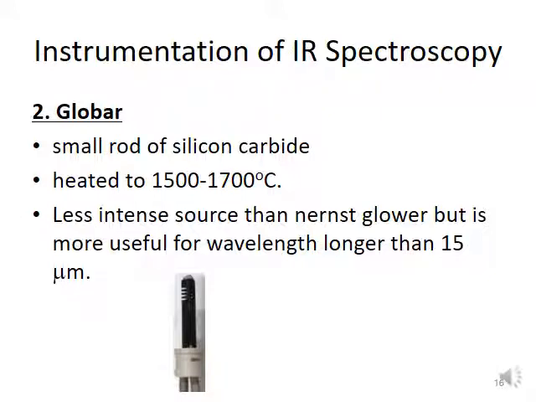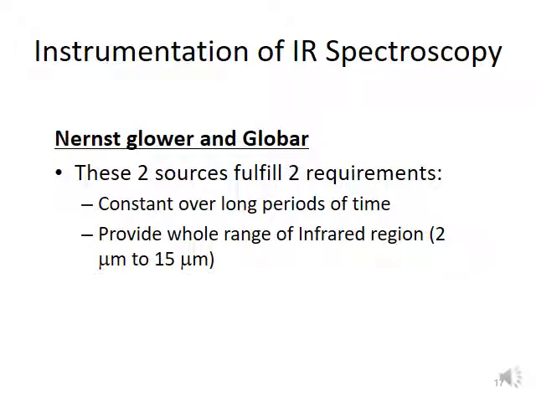Next is the Globar. The Globar is a small rod of silicon carbide. The way it is made as a source of light is the same, only the rod is different. It can be heated up to 1500 until 1700 degrees Celsius, and this is a less intense source than the Nernst glower, but it is more useful for wavelengths longer than 15 micrometers.